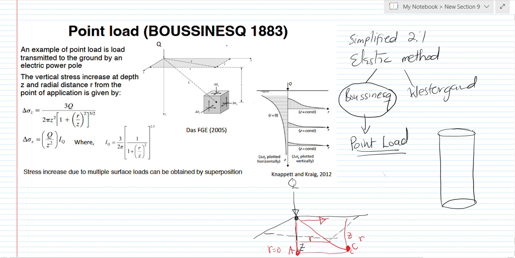So the influence of it is going to be a little bit small. But if it is directly beneath it, the load is going to have a direct vertical influence on it, and a lateral influence also.